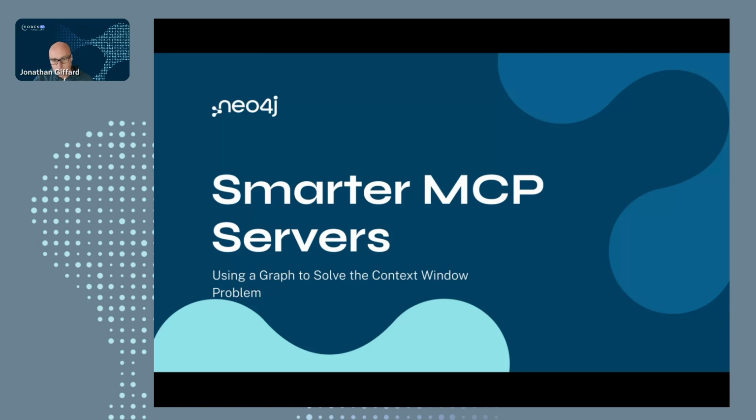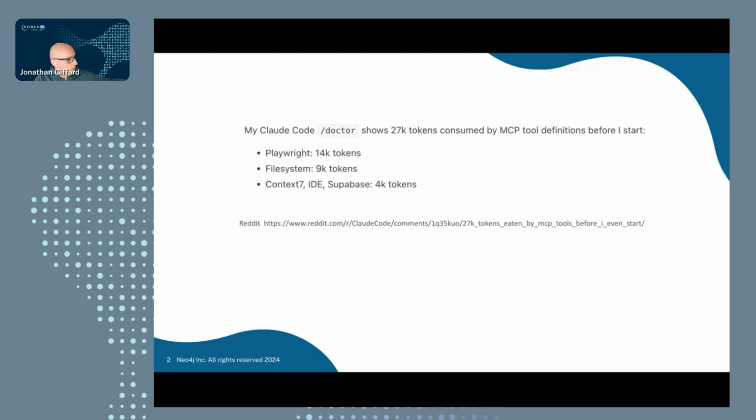So this isn't something which is merely theoretical. If we look at a real world example here, here's something which somebody posted on Reddit. They posed this question about how they'd looked at Claude Code, used the Doctor utility, which can show you token consumption, and discovered they'd consumed 27,000 tokens before they'd even done anything.